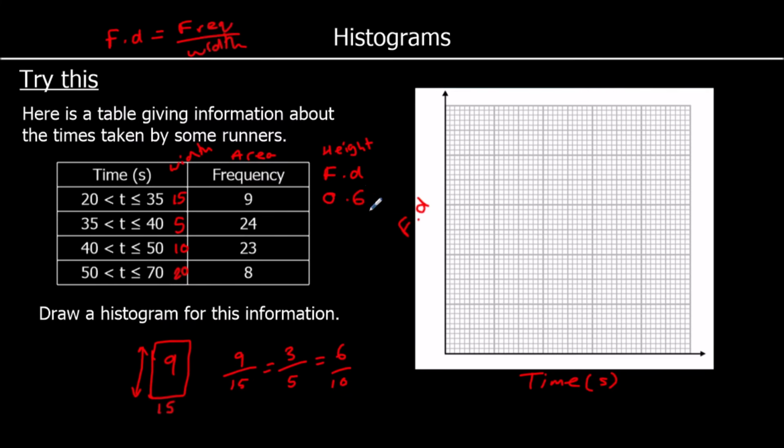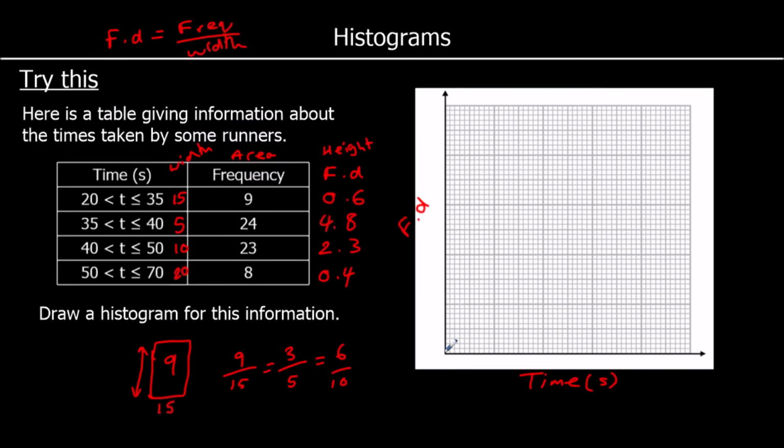So it's 0.6. 24 over 5 is the same as 48 over 10. So 4.8. 23 over 10 is 2.3. And 8 over 20 is the same as 4 out of 10. So 0.4.